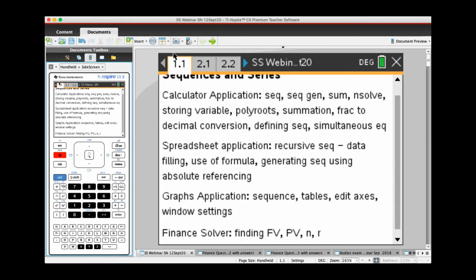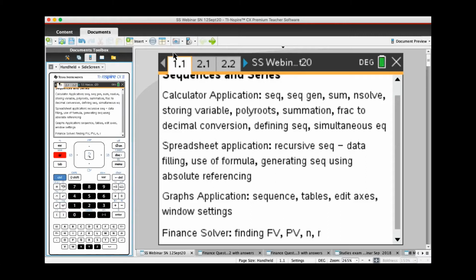I want to let you know what I'm going to demonstrate. The more important applications for this topic would be the calculator application, the spreadsheet application, and the graphs application.